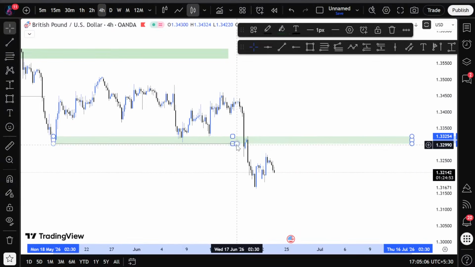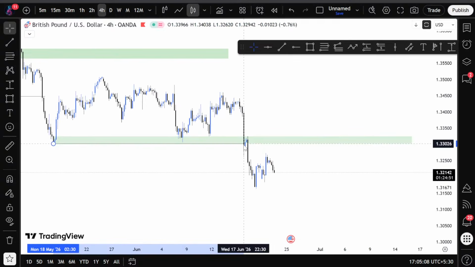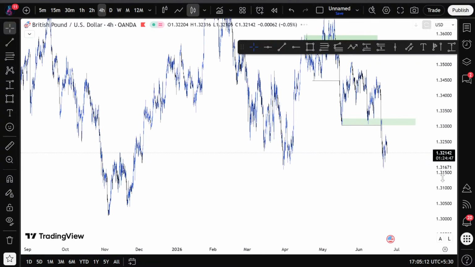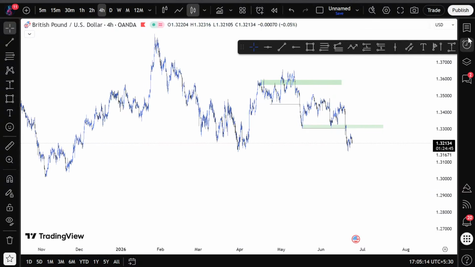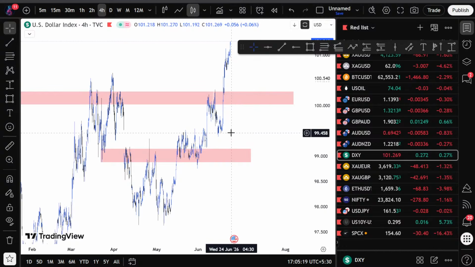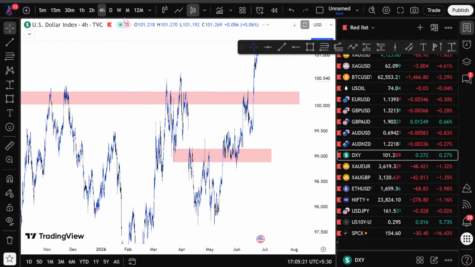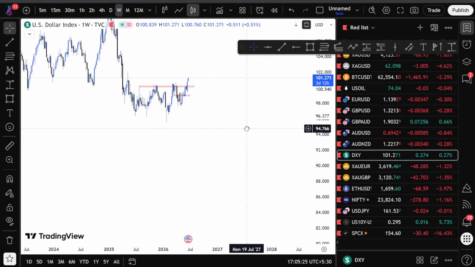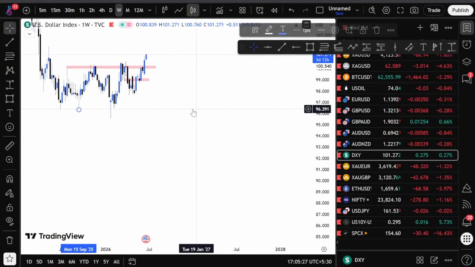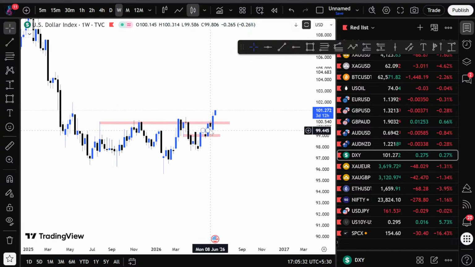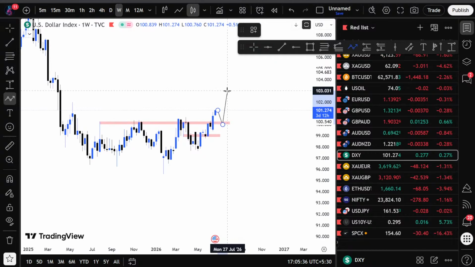This is still a good area to short. DXY is bullish. Price will test here and pump again.